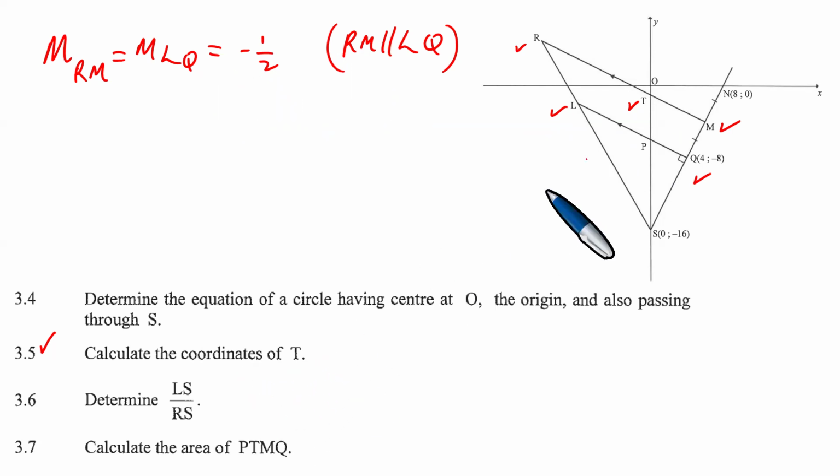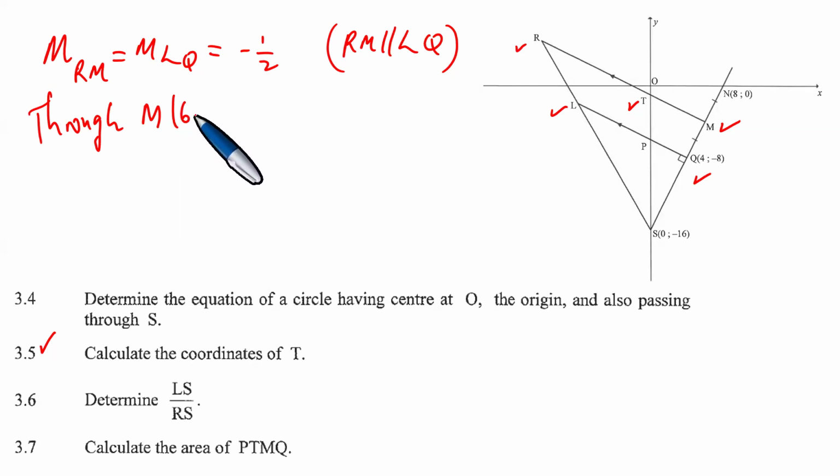We're using that because now I want to find the coordinates of the point t. To find the coordinates of t, a couple of things are very important. First things first, we need to find the equation of the line that contains the point t. How do you find the equation of the line? We have the gradient of this, and this line that passes through t also passes through M. What are the coordinates of M?